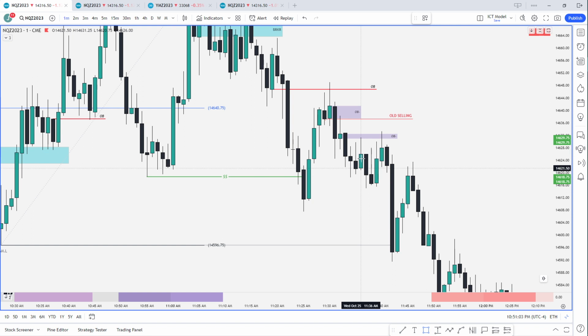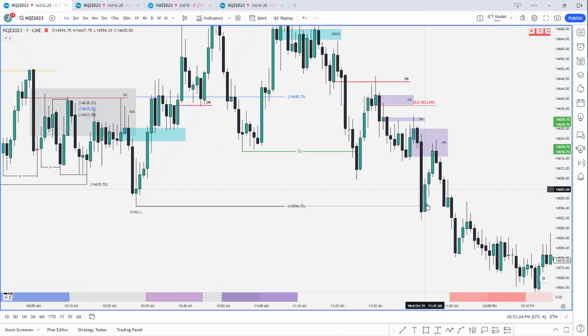This should be a propulsion block though. Thought. Oh, we're just still respecting this one. So it's not past 3. This would be 1, 2, 3. We'd all be past here. That's why this fair value gap is completely filled.